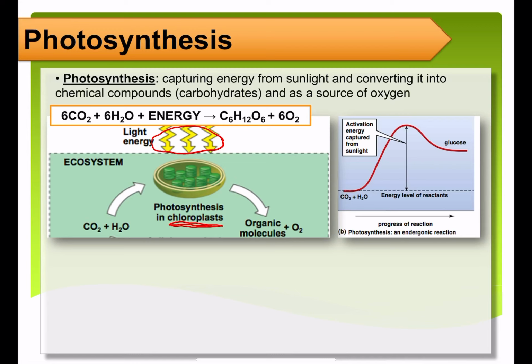Remember that this is an endergonic process where we have carbon dioxide and water as our reactants, and glucose and oxygen as our products. Don't forget oxygen. That's the other product of this endergonic process. So for this chapter, we will be focusing on this glucose synthesis reaction.